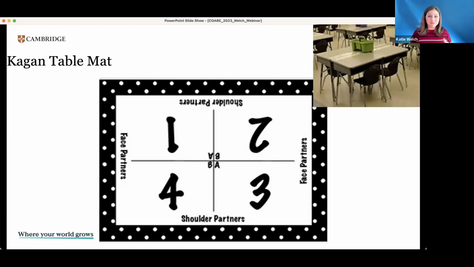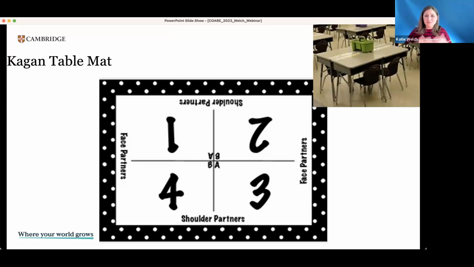A lot of times they will put someone of a similar ability level as the shoulder partner when they want students working with someone on a similar level. And when they want a challenge, they will say, turn to your face partner, who is on a different ability level. So in K-12, it's very strategic.